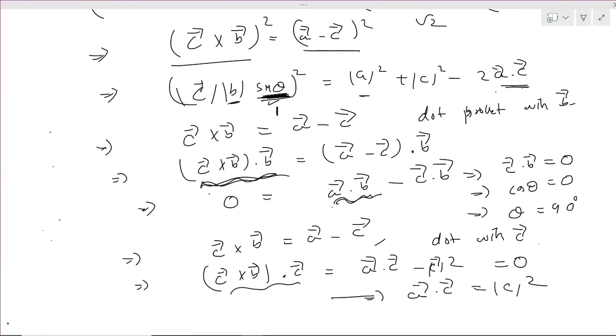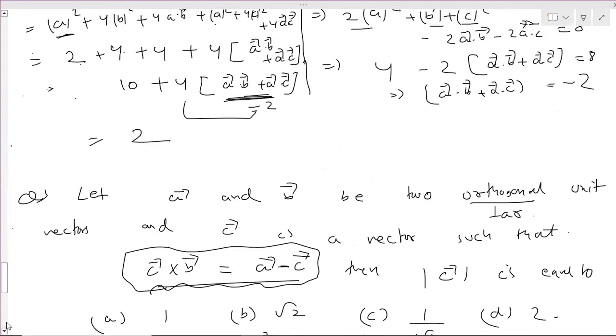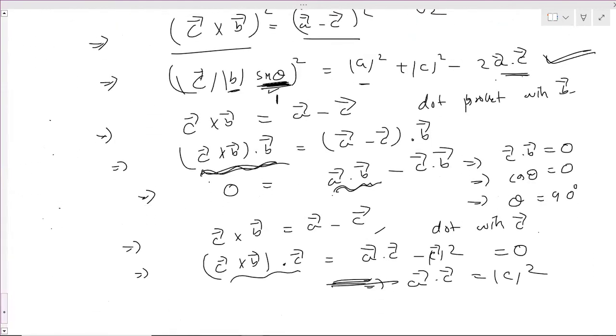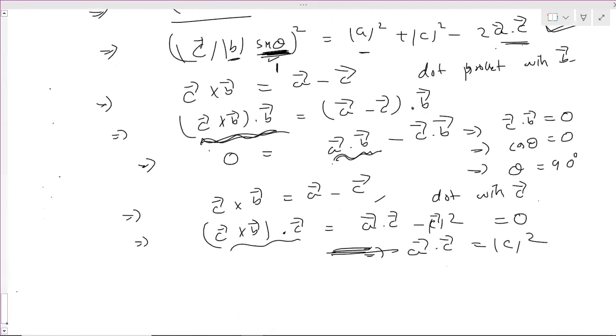We can use this value in this equation. So what we'll have is mod C square mod B square sin theta is 1 equals to 1 plus mod C square minus 2 times mod C square.